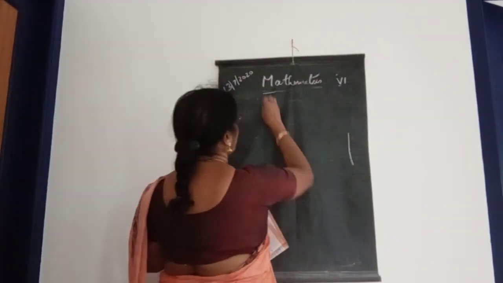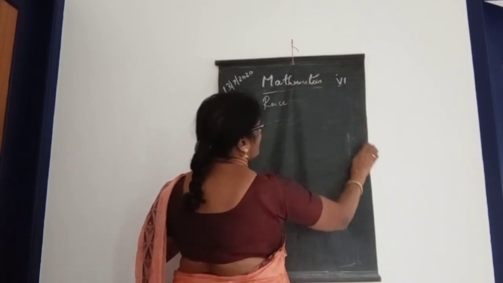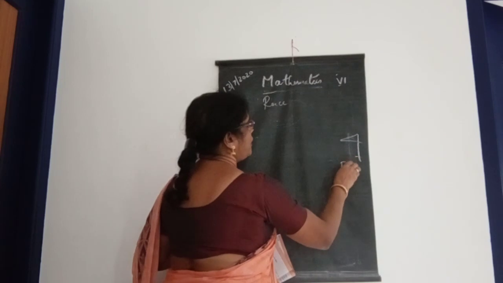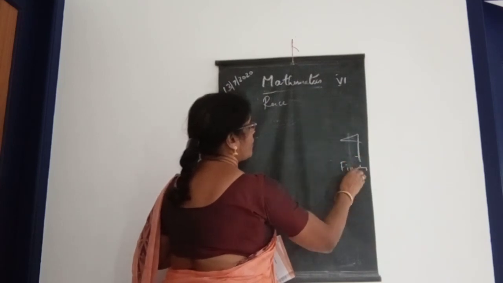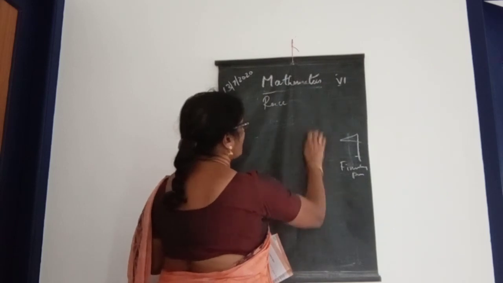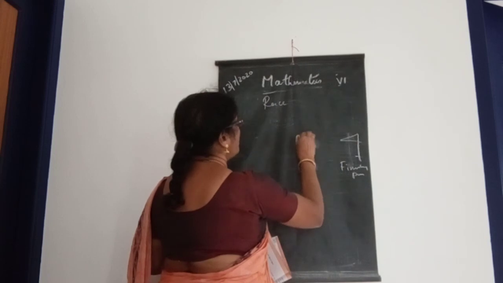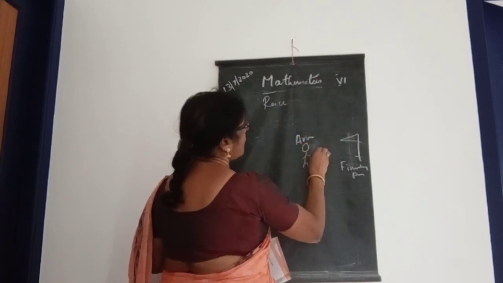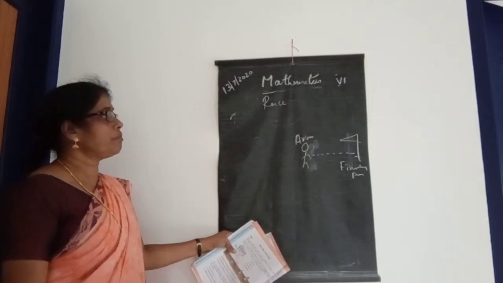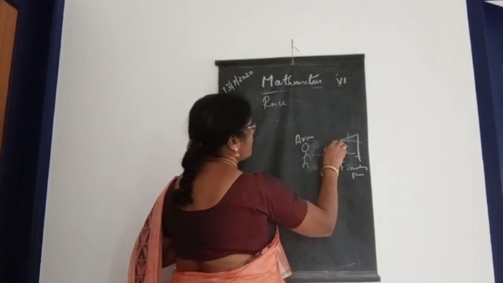Yes, look here, children. This one is the race. This one is the finishing point. Arundhati is standing here. And the distance of Arundhati from the finishing line is 6 centimeter.